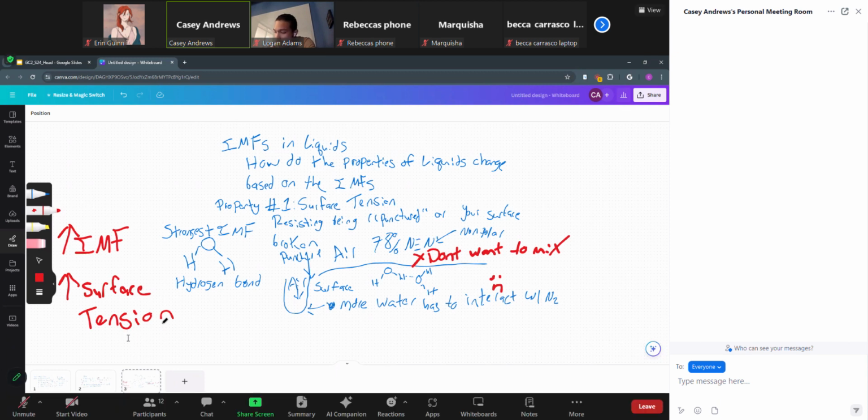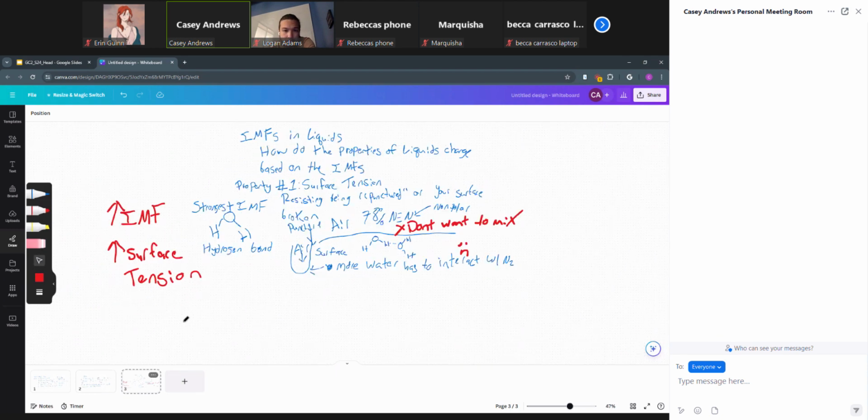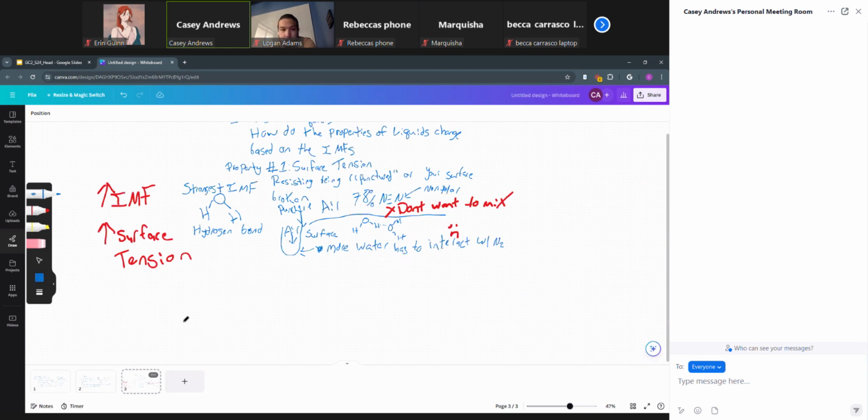All right. So I do have a question for this. This chapter is all about determining what intermolecular forces are present in a molecule. So question 5, you have 2 molecules.